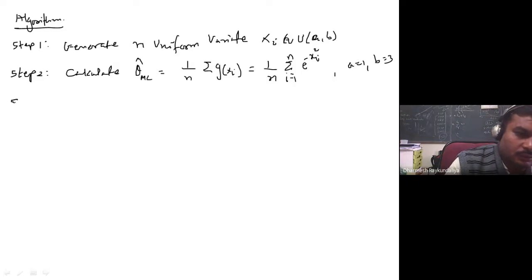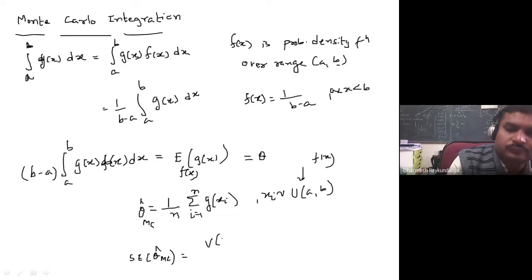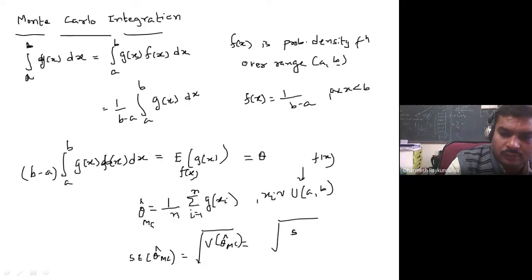Step 3, you can calculate the variance. So how will you calculate the variance or the standard error of theta cap? The standard error of theta cap mc is the square root of the variance of theta cap mc, and this we already know is s square upon n.